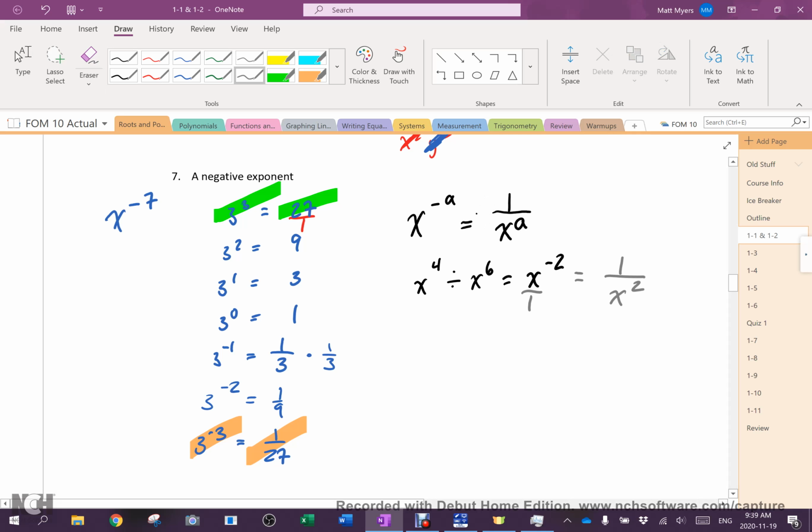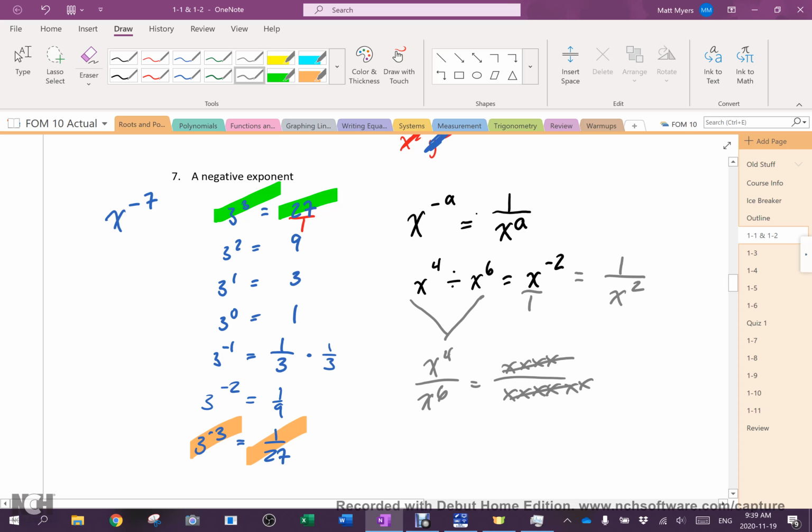Now, I want to show you something. This means x to the 4th over x to the 6th, yes? Which means x over x, right? What do we do to 4 of those x's?